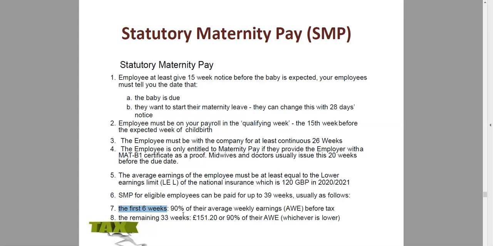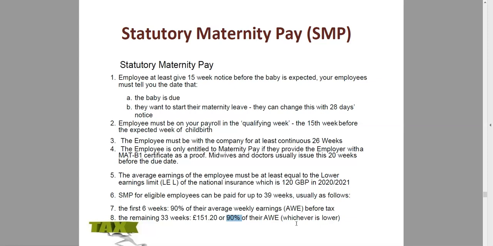And after 6 weeks, for the remaining 33 weeks, she will receive either £151.20 or 90% of her average earnings, whichever is lower. So for example, if 90% of the average weekly wage is £120, then we have to take that one. If the 90% is higher than 151, then we have to take the 151, because we always take the lower one for the remaining 33 weeks.